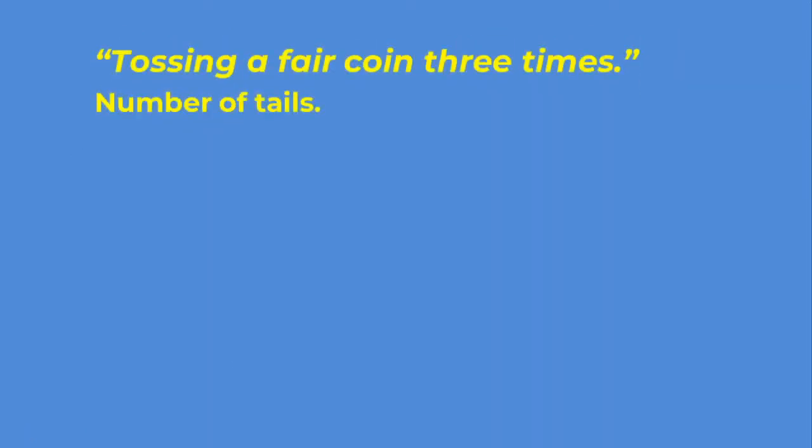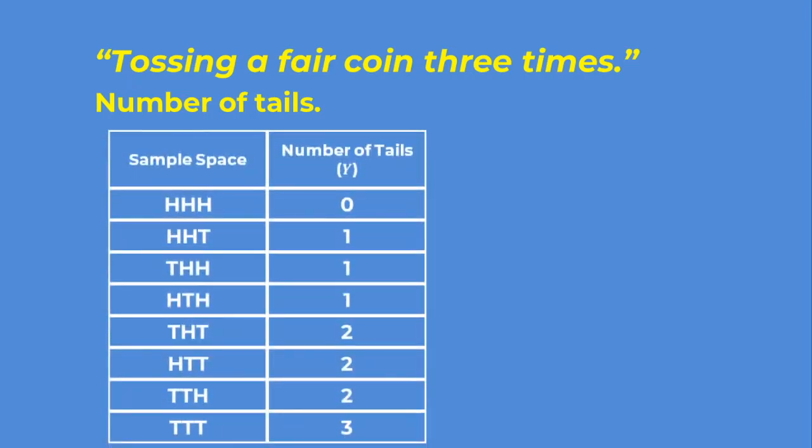So for example, tossing a fair coin 3 times and we are concerned on number of tails. So we can also write it using table. So sa first column natin, nandito yung sample space. And sa second column natin, nandito naman yung number of tails.